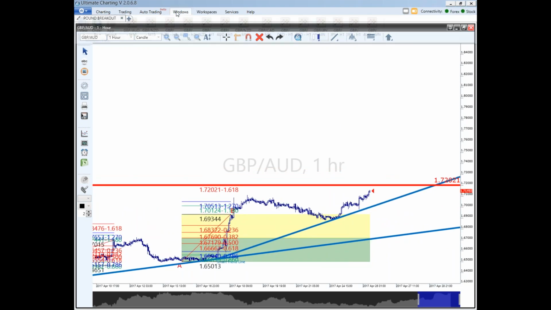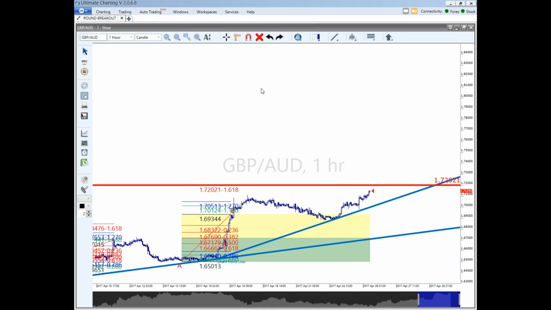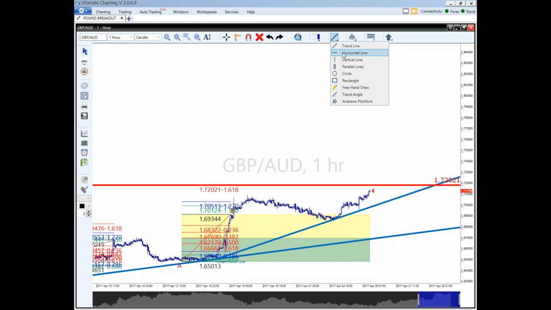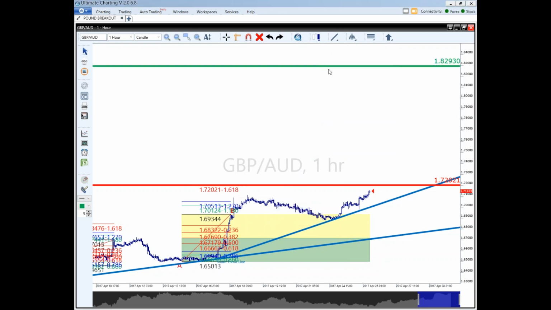Pound Australian. 1.8293. Yes. So 1.8293 is the pound breakout target prediction. So there's a pound breakout target right there.